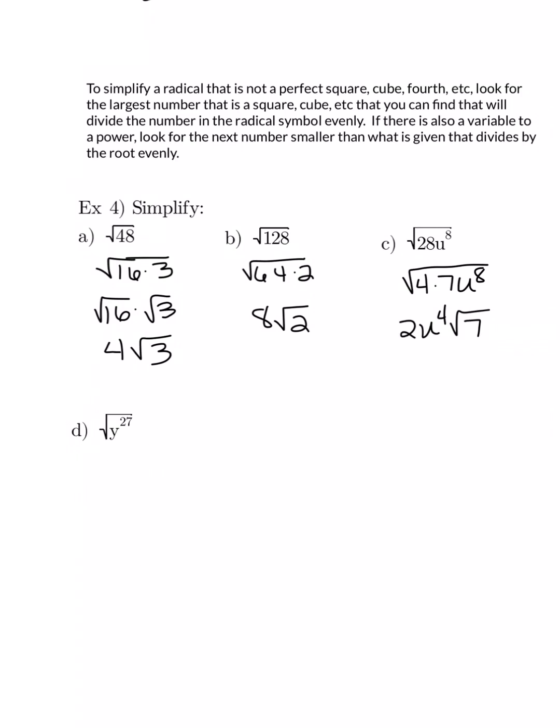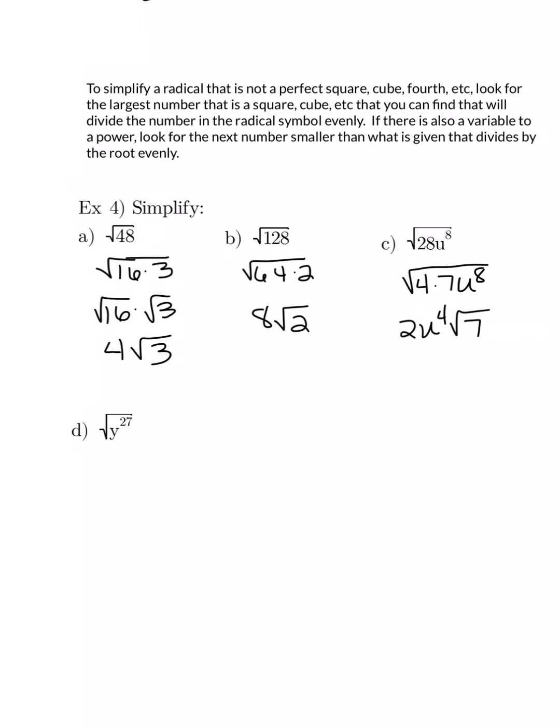D is an example of what you do when your power on your variable does not divide evenly by the root. 27 does not divide evenly by 2. What we do is find the next number smaller than 27 that does divide by 2. Well, that's 26.